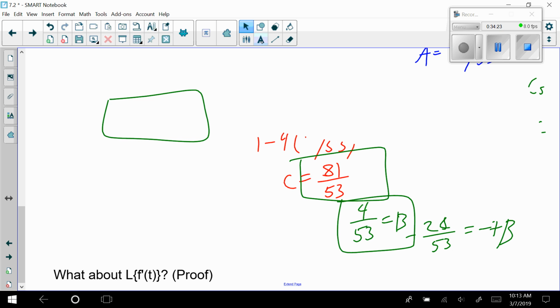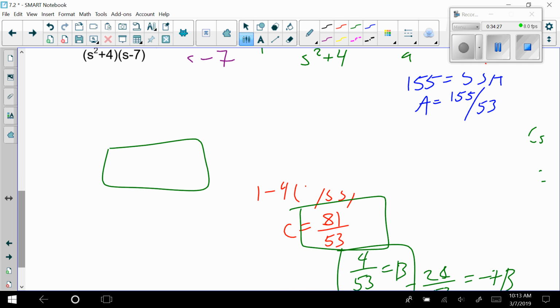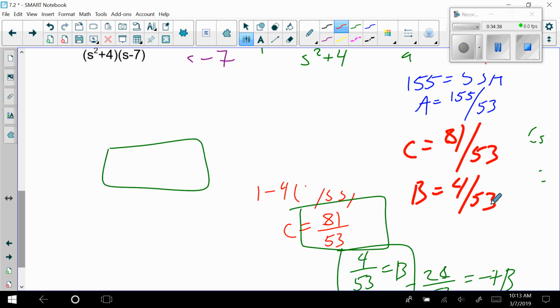Let me just rewrite it. So over here on the side, I would have C equals 81/53 and B equals 4/53. Okay.